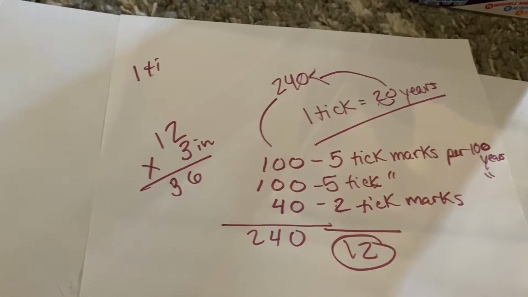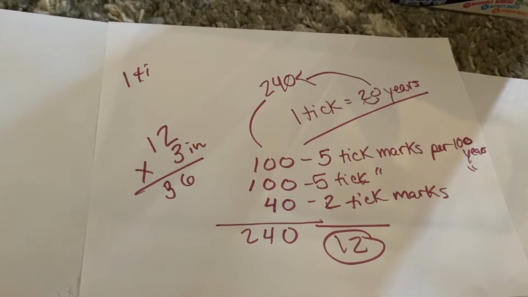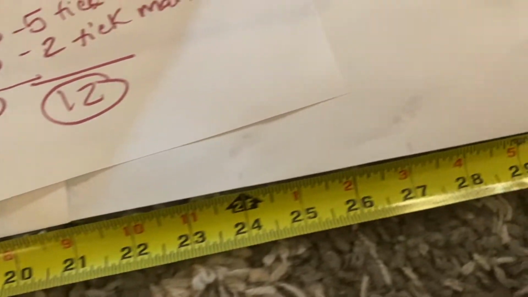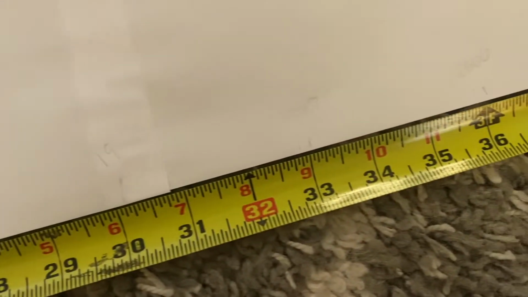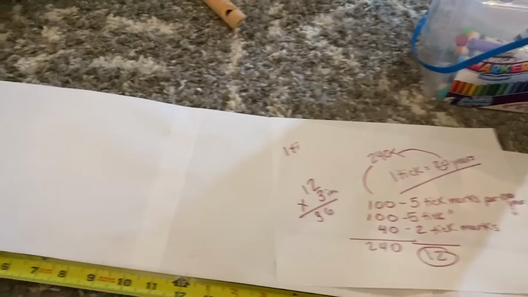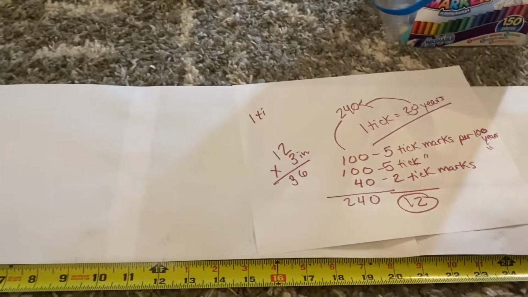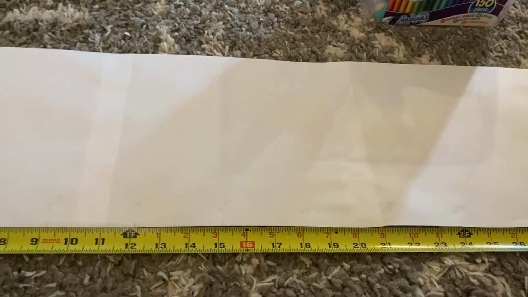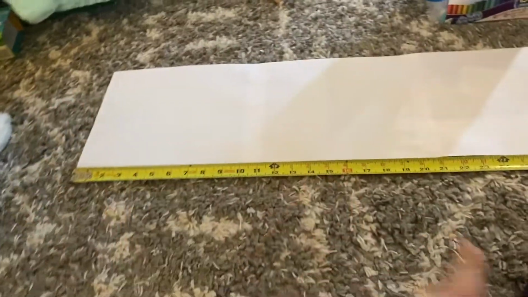And I'm going to go ahead and find 36 here on my tape measure. Let's see, we're still going. There it is, 36. So my timeline is going to roughly be 3 feet long, and that's not bad. You don't want to get too crazy long because it's a lot of paper to deal with, but just about 3 feet. Especially for this topic, I think it's going to be a nice amount of space for a timeline.